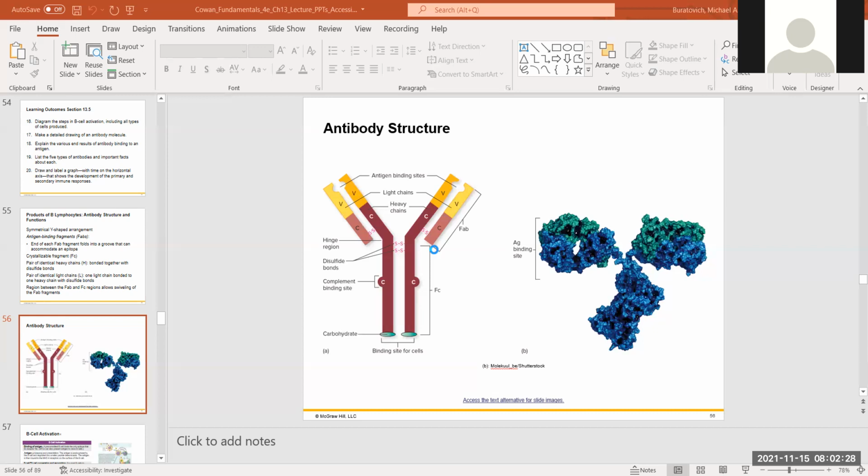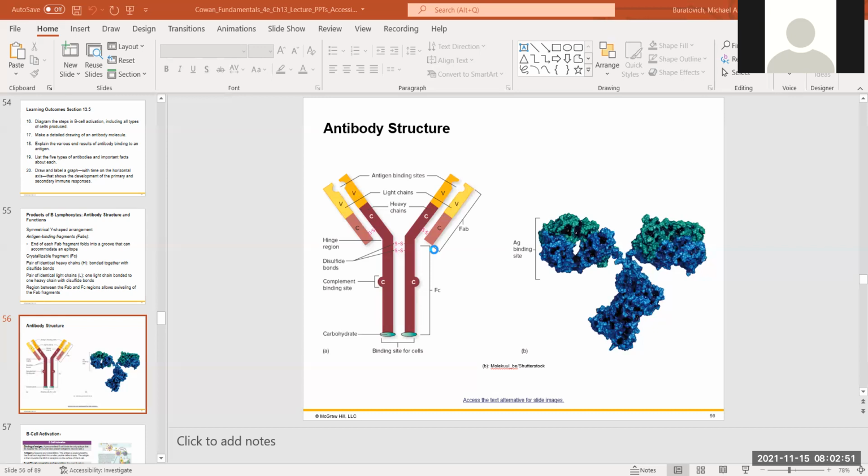The B cell also can present antigen to T cells. B cells are also antigen-presenting cells. In fact, in lymph nodes, the B cells are on the periphery and the T cells are in the middle. The T cells tend to be activated by B cells that will take up the antigen and present it to the T cells.